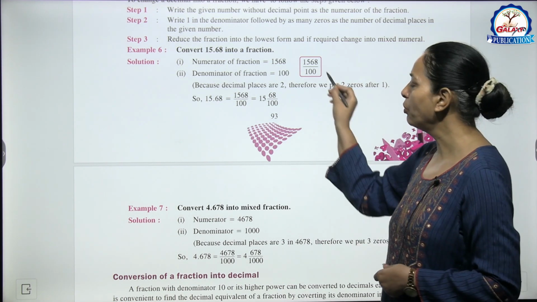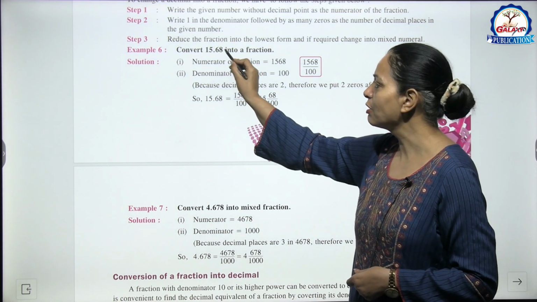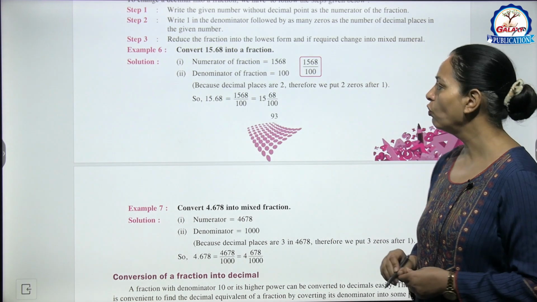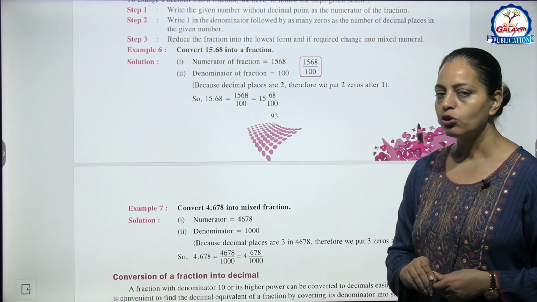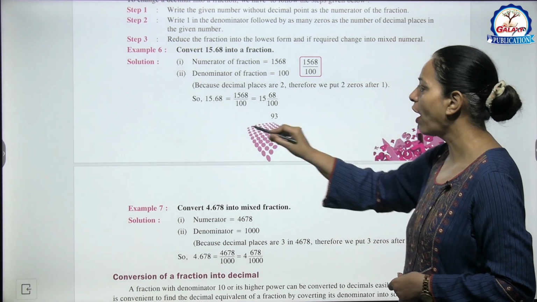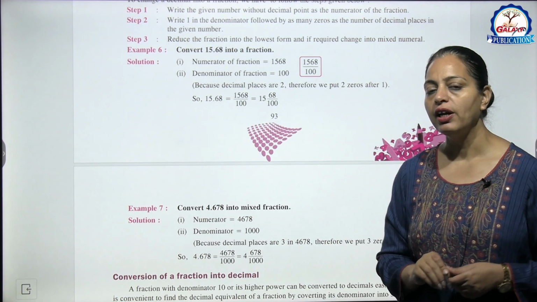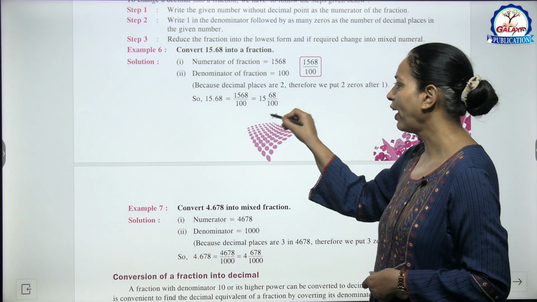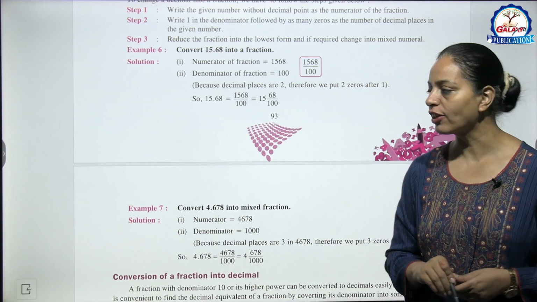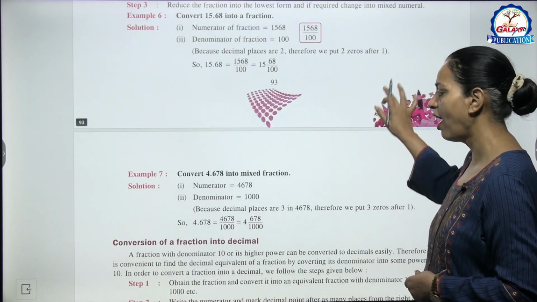This is the numerator. Okay, और denominator में क्या आ जाएंगे? Because decimal के बाद 2 digits है, so we will get 100. So it becomes 1568 upon 100 and we can write as a mixed fraction. So this is the answer.